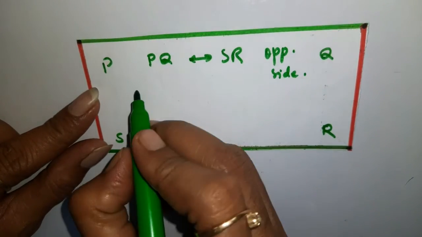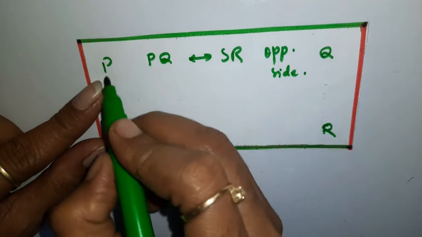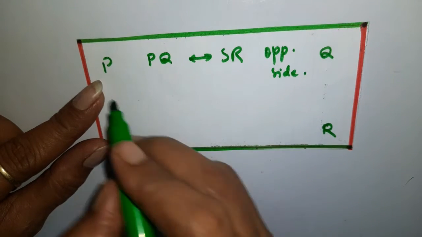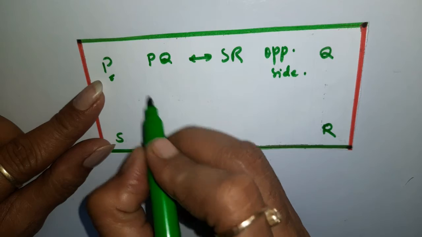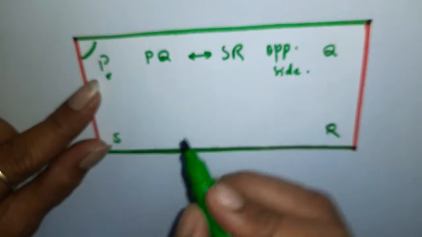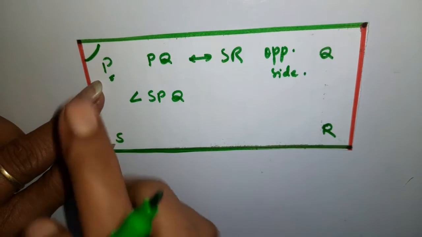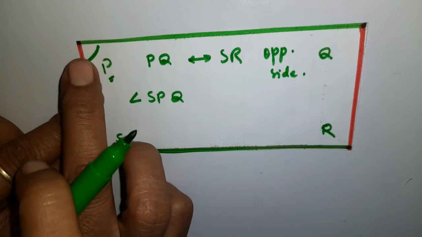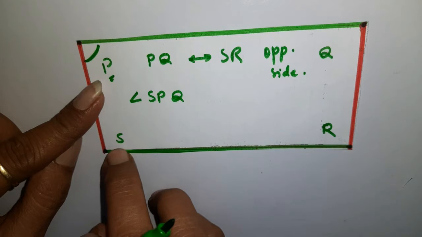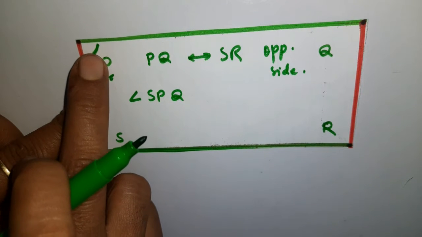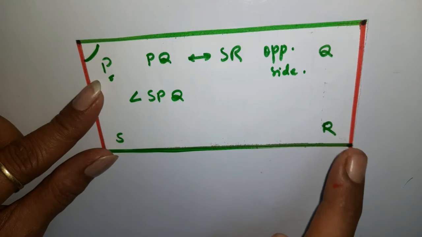Let us talk about angles. This is angle SPQ. Let's consider this angle. You can see the angle which is facing this angle is not this one. The angle which is just opposite to this is this angle.